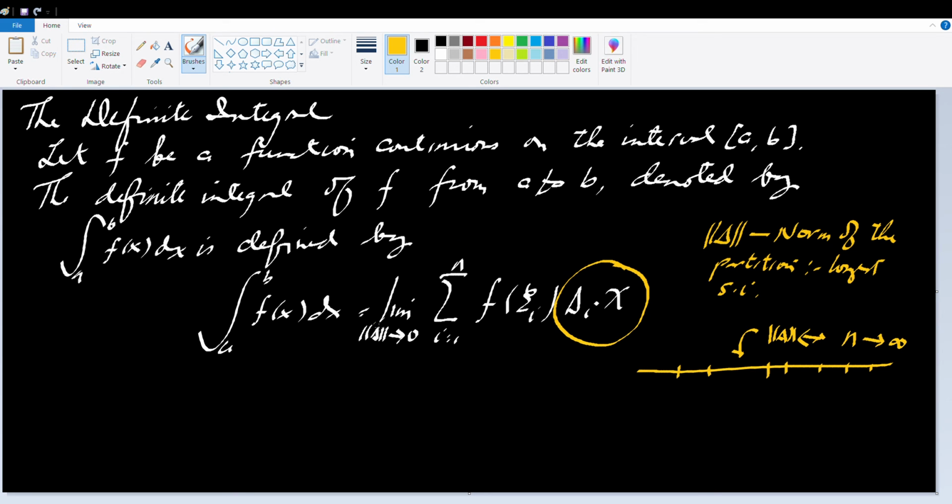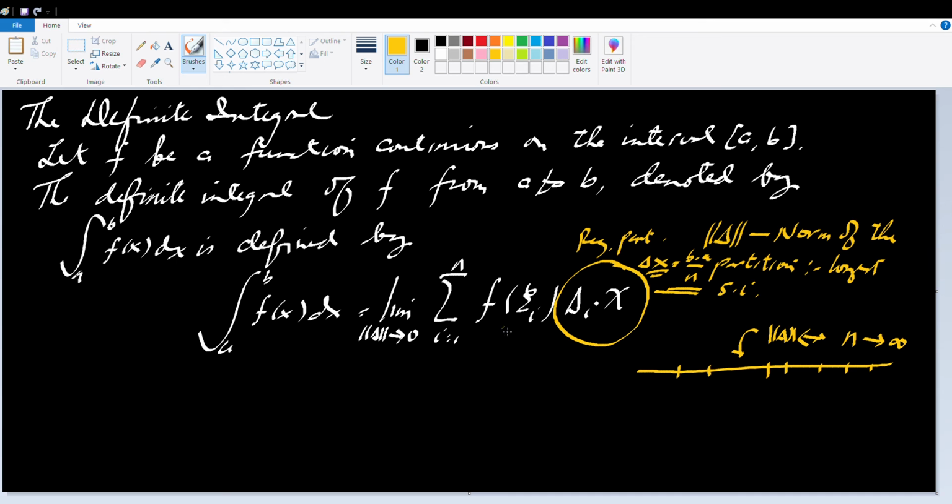It will simplify everything if you use regular partitioning, where delta x is constant, which is simply equal to b minus a all over n. That is the simplest partitioning.